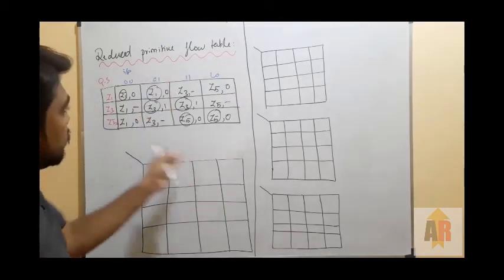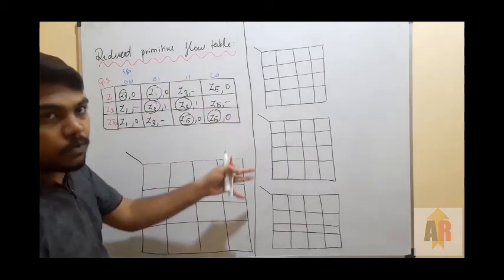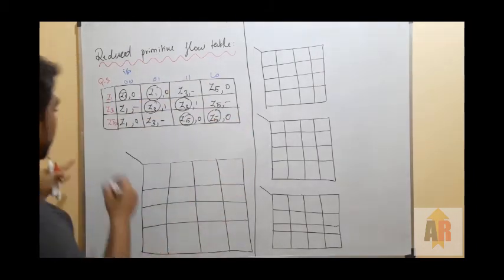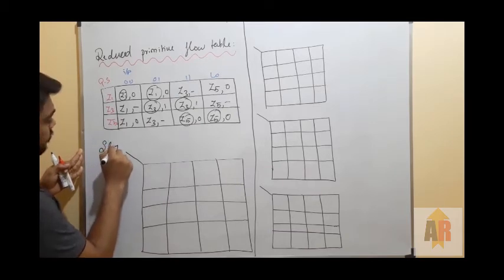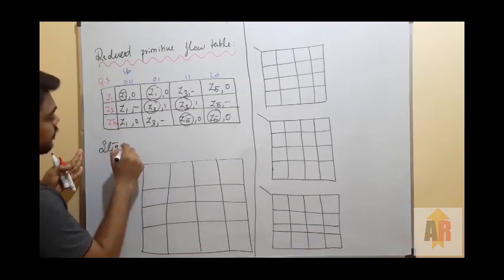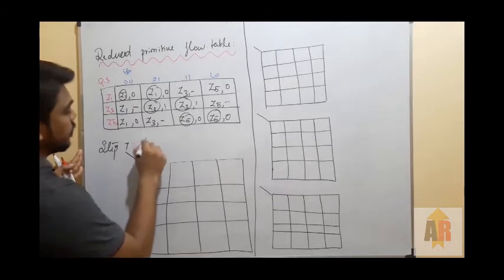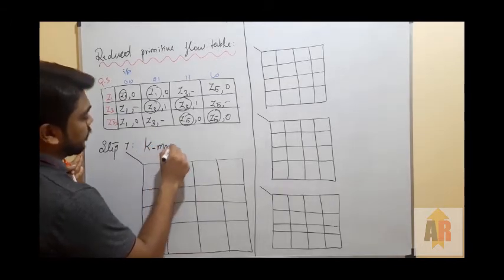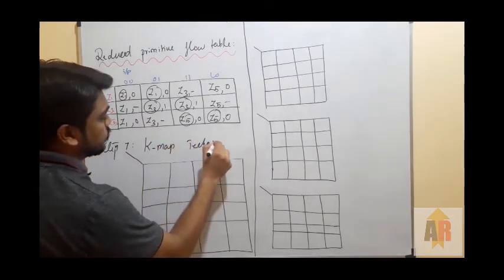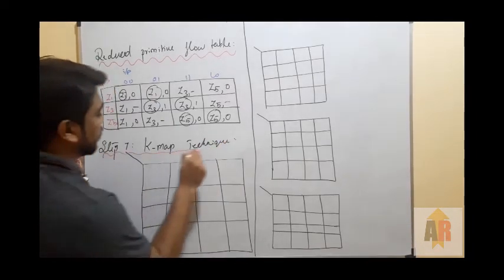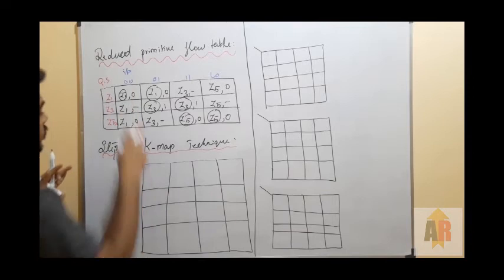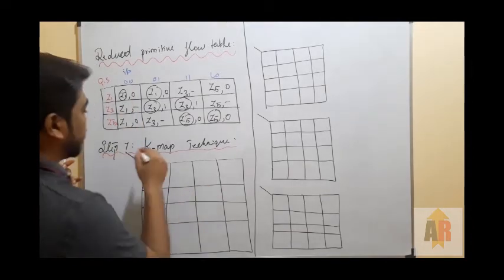So the reduced primitive flow table is the required thing. So we got that one. And after that, step 7 we are going for, which is the K-map technique we are going to use to get our required values. So we can see how it is possible. For that, whatever I am telling, just try to understand.